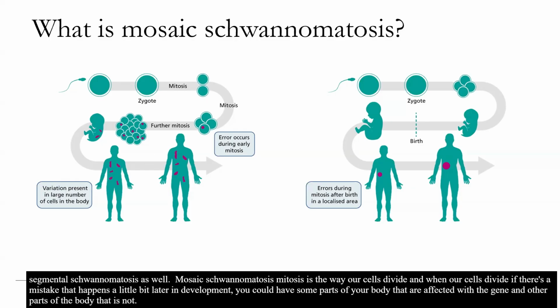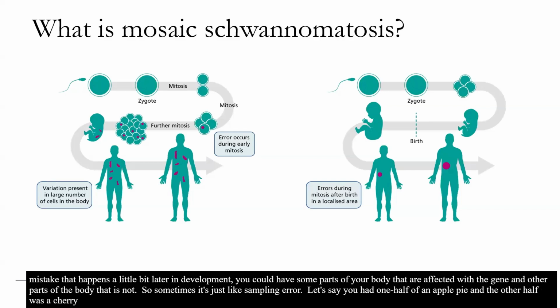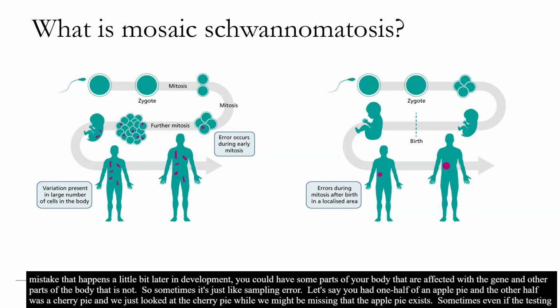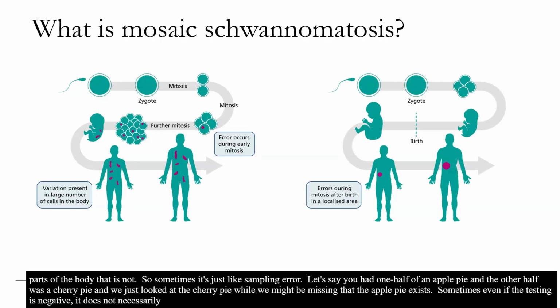Sometimes it's just like sampling error. If you had one half of an apple pie and the other half was a cherry pie, for example, and we just look at the cherry pie, we might miss the fact that the apple pie exists. So sometimes even if the testing is negative, it does not necessarily mean we can rule out that you have schwannomatosis because of this phenomenon.